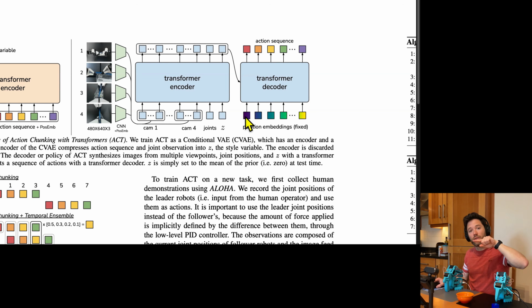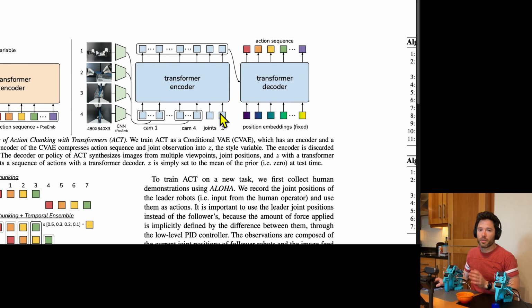There are going to be 10 of these, which are just initialized to a sinusoid, and they then do cross attention. So they will be the queries. These will be the keys and values, and they will be transformed into predictions of the next motor positions. So if you have 10 inputs, they'll be projected into 10 outputs.